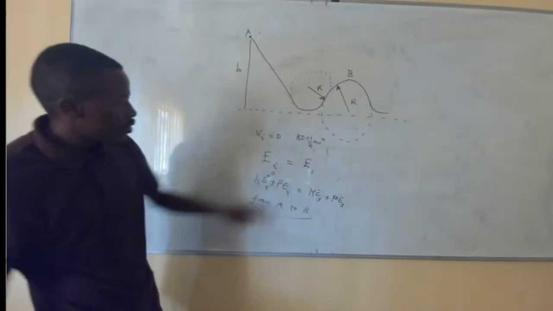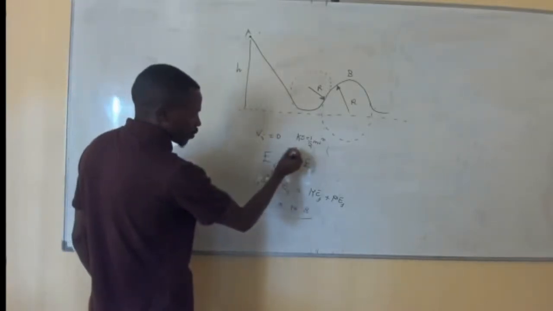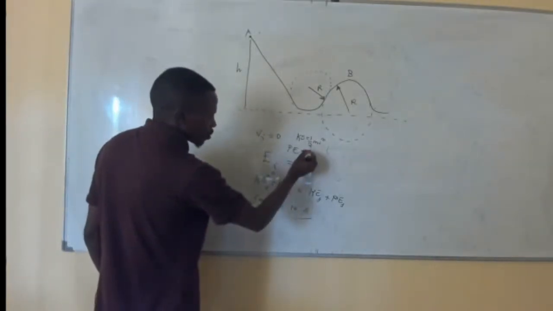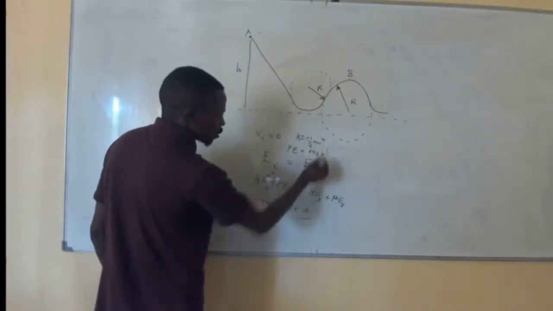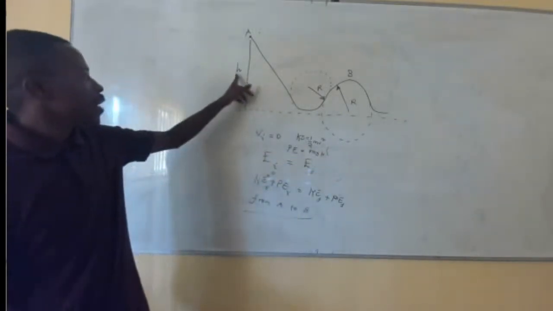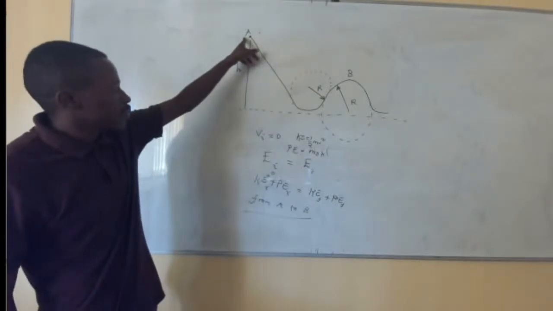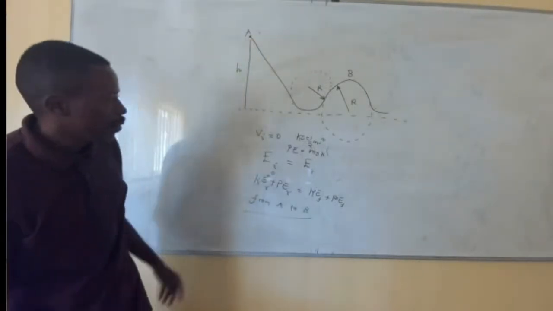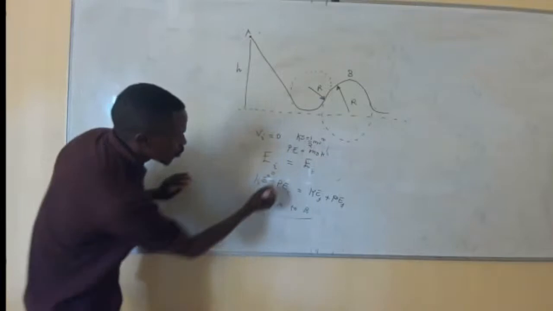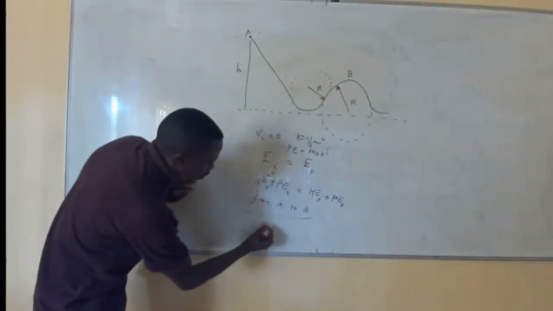The potential energy, remember, is given by PE equals mgh. In this case, we have h because we are starting on a higher uphill. Therefore, what will remain initially is the potential energy.